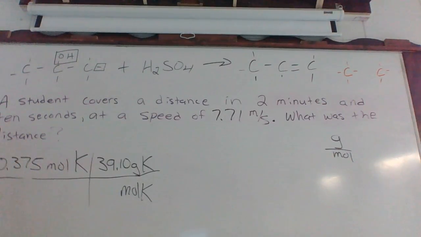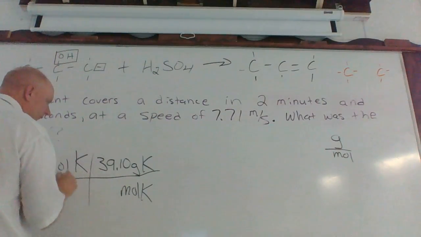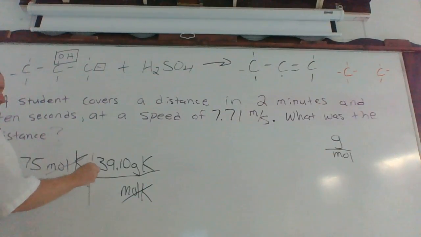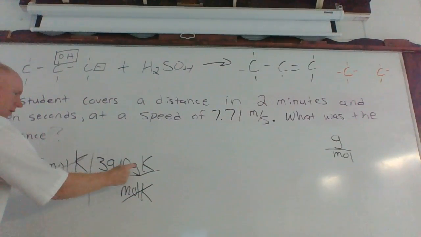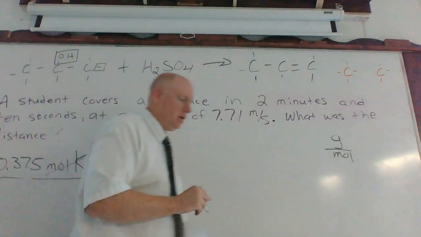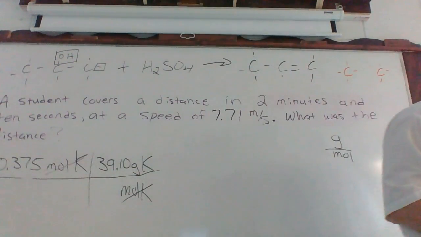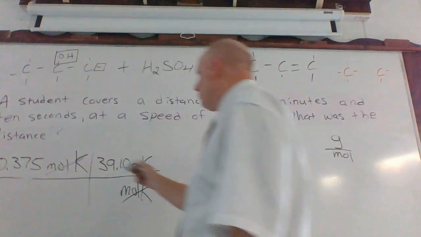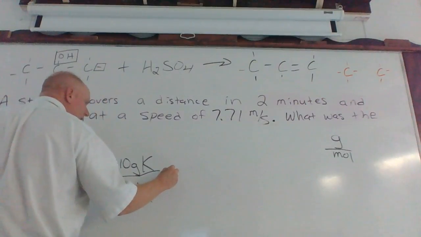0.375. Okay, so what happens to these moles here? Cancel each other out. We're left with what? Grams of potassium, because the question said what's the mass in grams of 0.375 moles? Oh, these two numbers are next to one another.